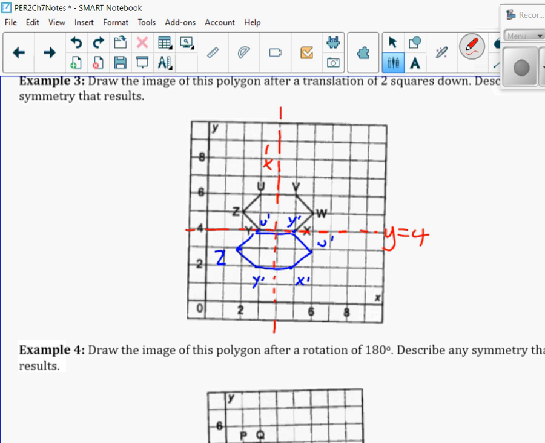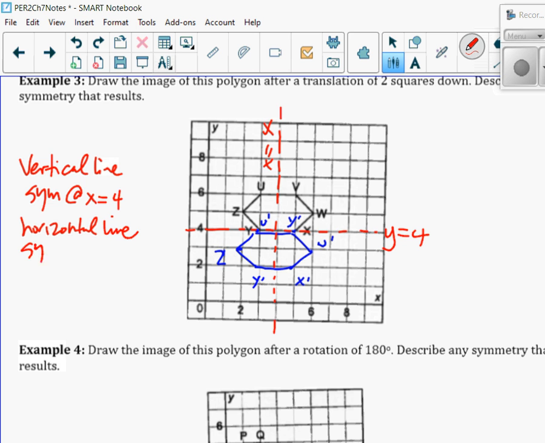That's x equals 4. So vertical line symmetry at x equals 4, horizontal line symmetry at y equals 4. Does it have rotational?